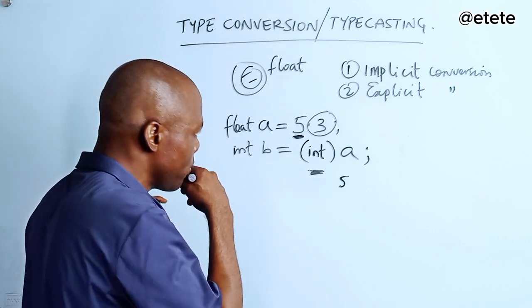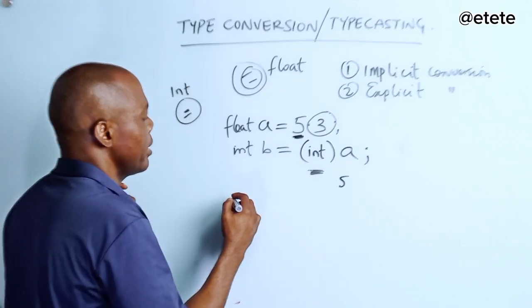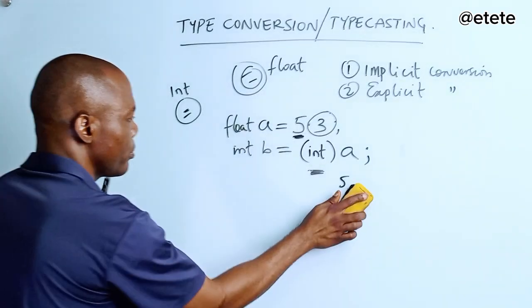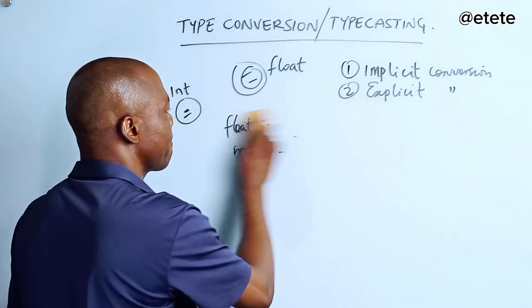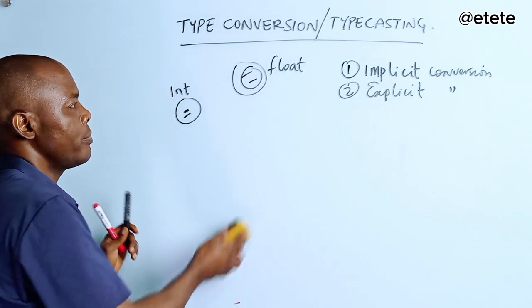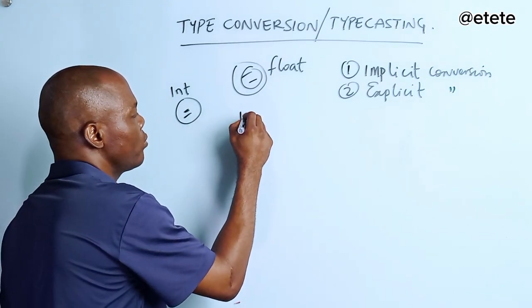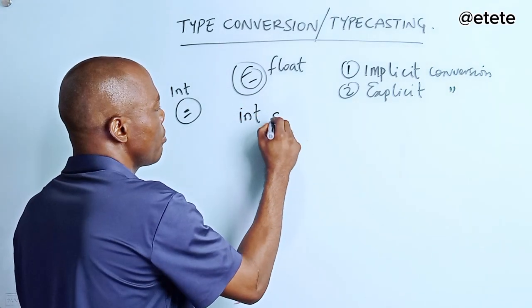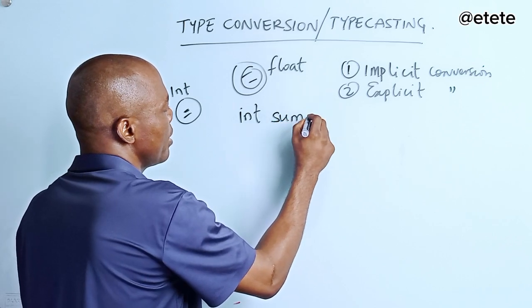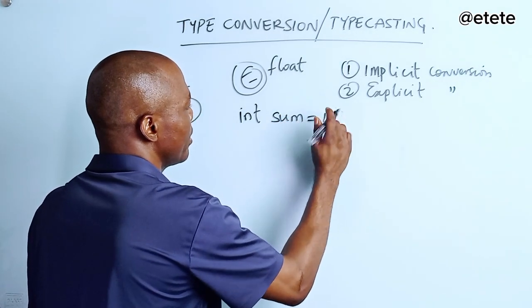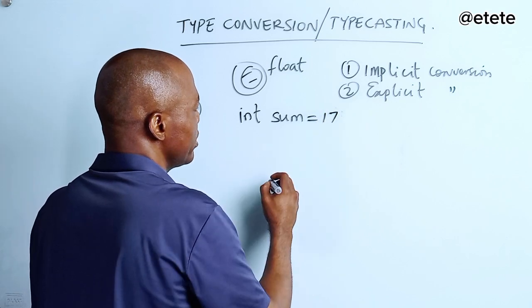So if, for example, let's say I have two variables. I declare two variables, int sum, right? Then I assign 17 to it.